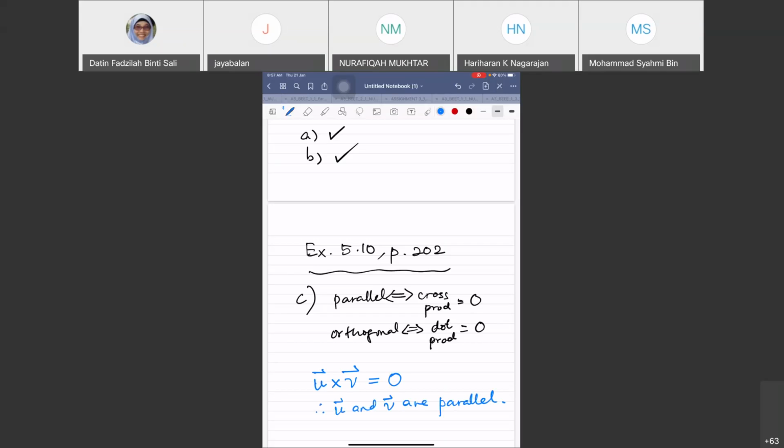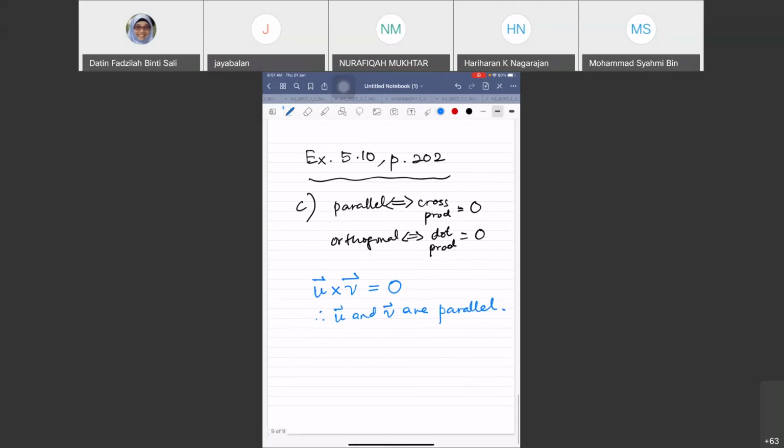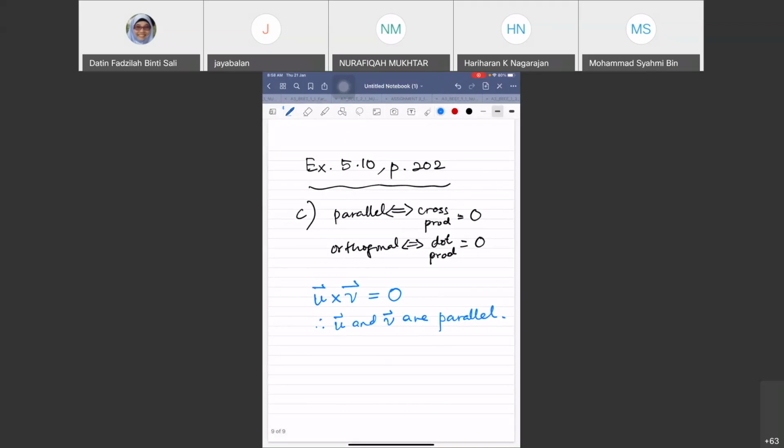If you don't get 0, that means somewhere there's a mistake in calculation. C is actually parallel. Anybody has a problem with the cross product? The mistake may be a plus or minus perhaps. So you should get 0.